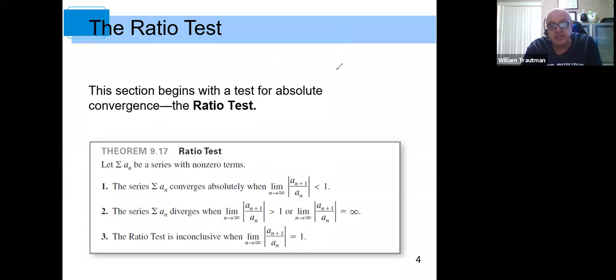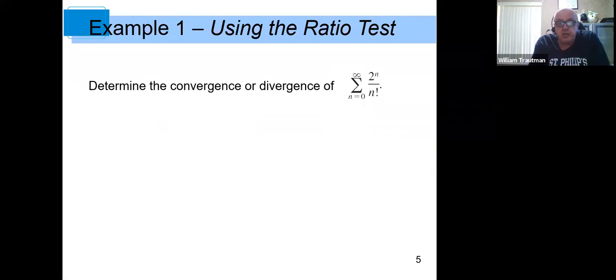All right, let's take a look at an example. Here we go. 2 to the n over n factorial. So that's our A sub n.